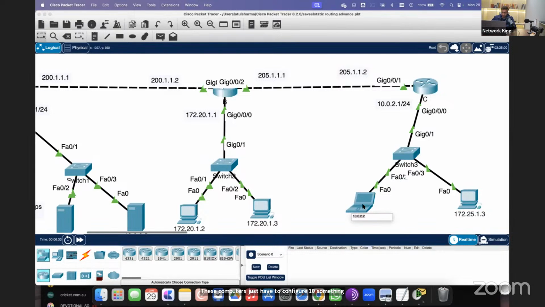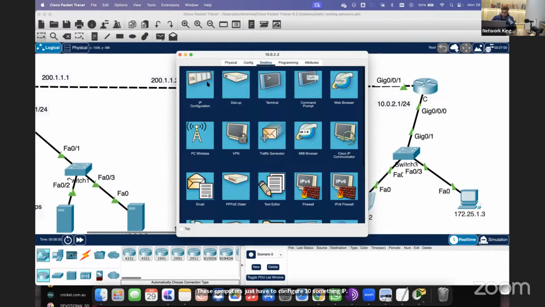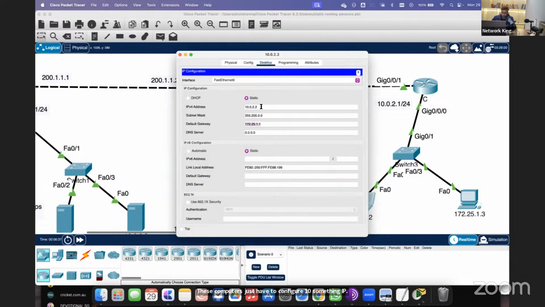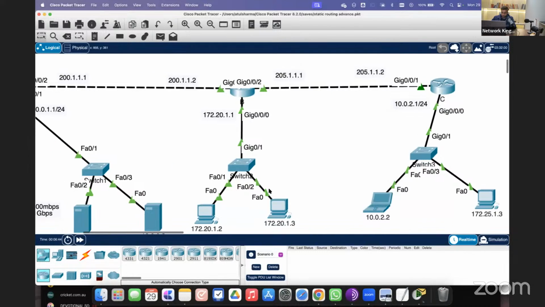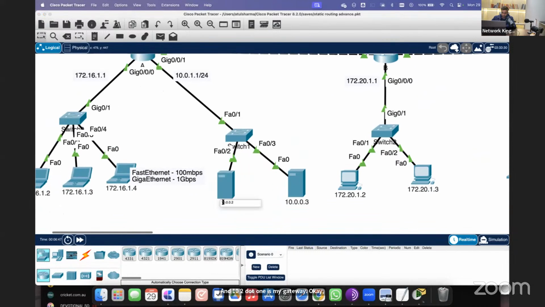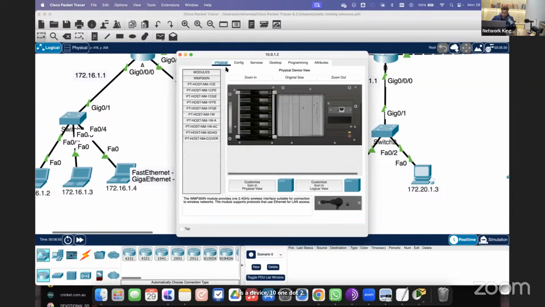Let's say 10.0.2.2. And 10.0.2.1 is my gateway. Okay, and here there is a device, 10.0.1.2, let's say.